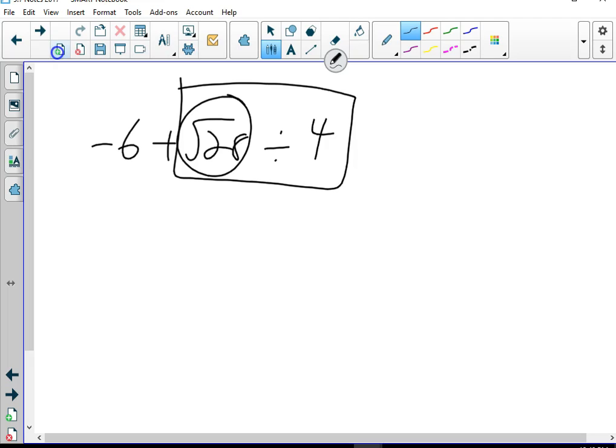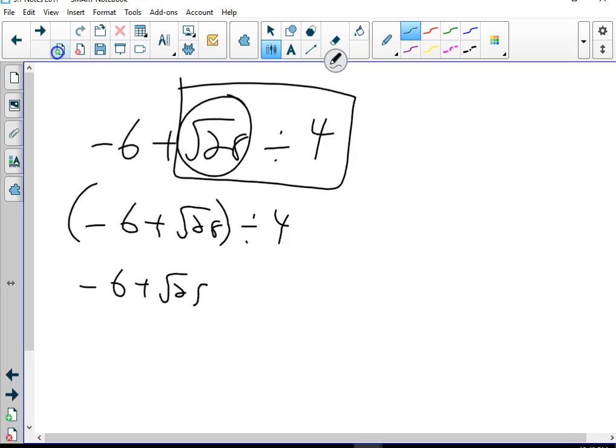Okay? So that's why there's two ways to do this in the calculator. Parentheses, negative 6 plus radical 28, parentheses, divided by 4. That will get you the right answer. Or negative 6 plus radical 28, enter, get an answer, and then divide by 4. Those are the two ways to do this. If you do it the first way, you will get the wrong answer.